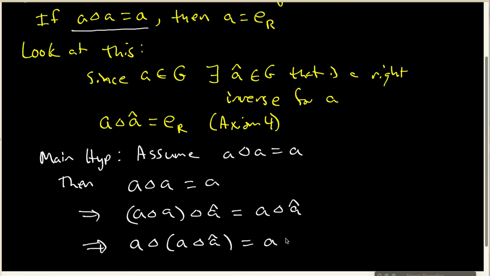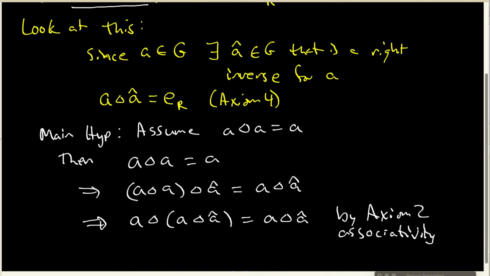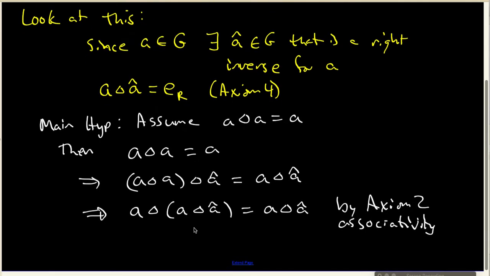And of course, that is A triangled with A hat. This is by axiom 2, by associativity.